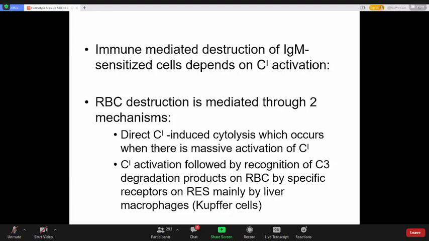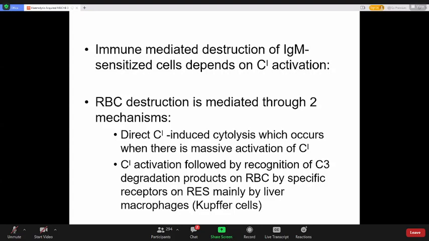The complement activation is also followed by recognition of complement 3 degradation products on the red cell by specific receptors of the reticuloendothelial cells, mainly the Kupffer cells in the liver, and you get destruction.